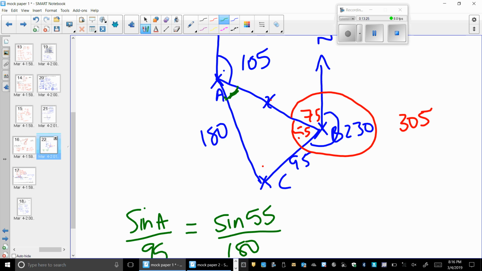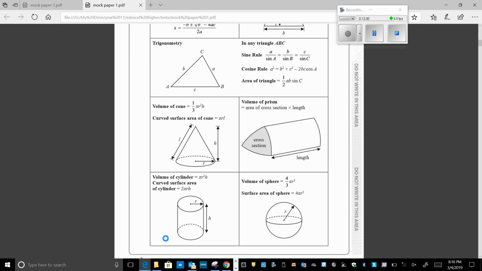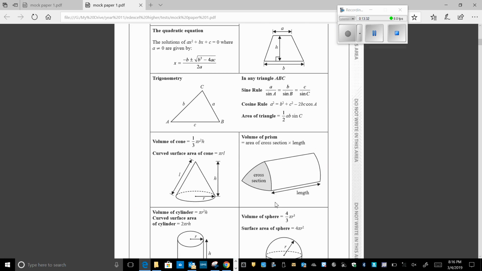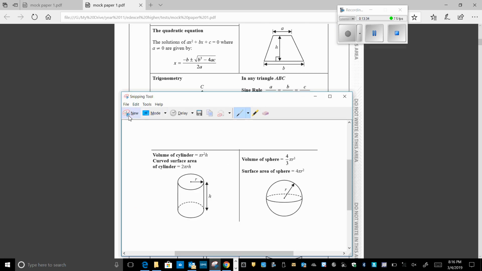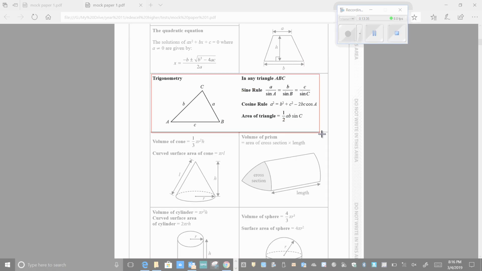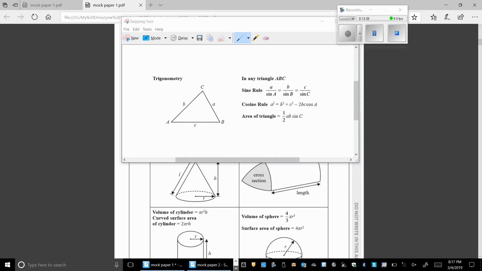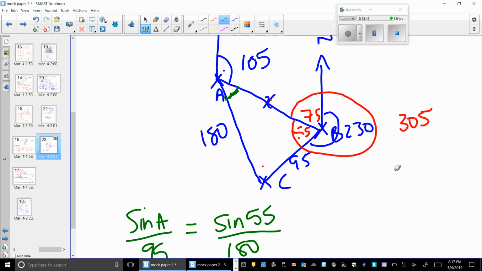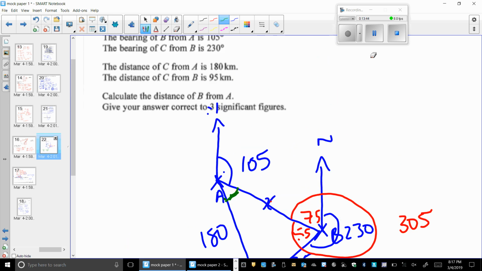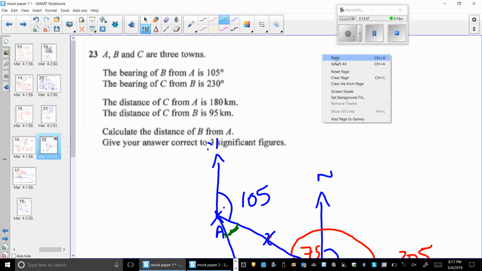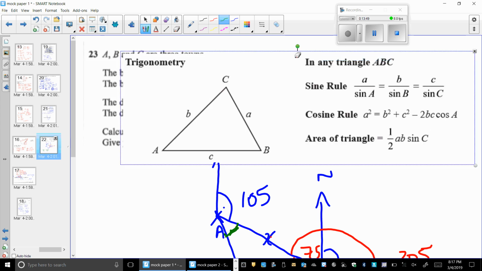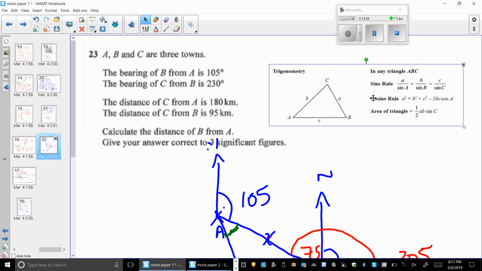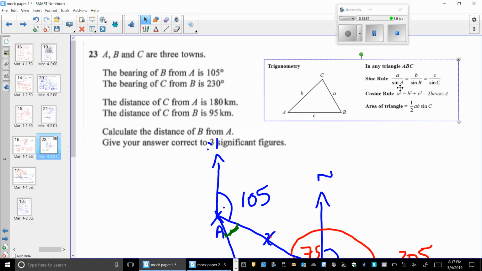Hopefully you remember the sine rule. The length over the sine, or remember it can be flipped the other way.